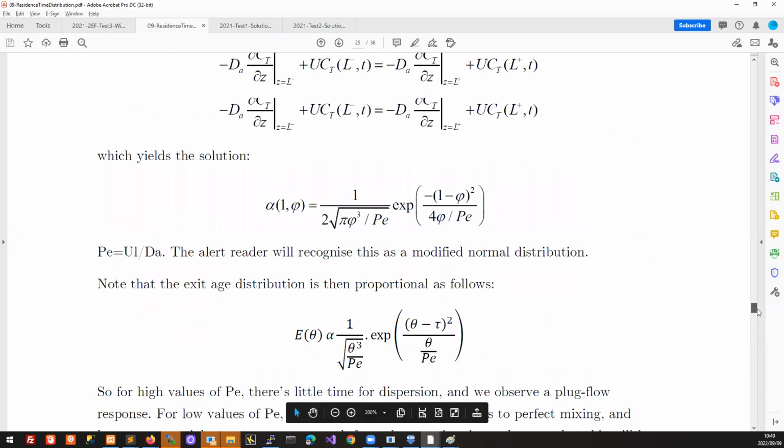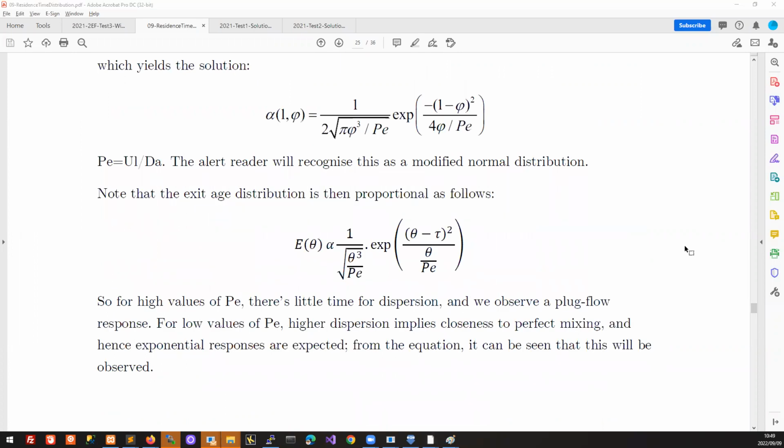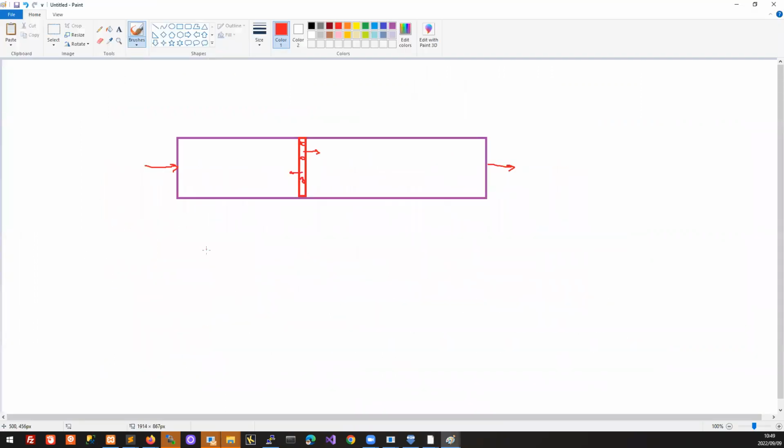The solutions are not drawn here, but let's sketch out the expected solutions. So in the case of the dispersion model, if your dispersion rate is very low, so if that dispersion constant D is equal to 0, then you've got the pure spike as we had before.